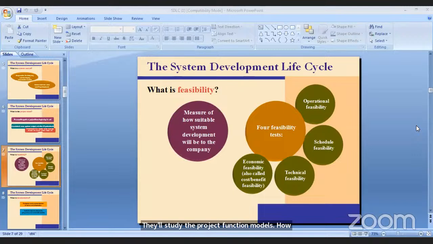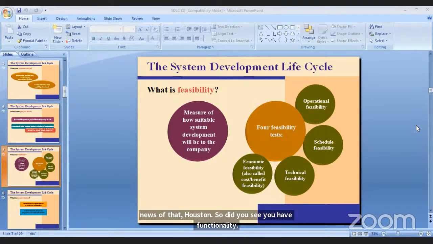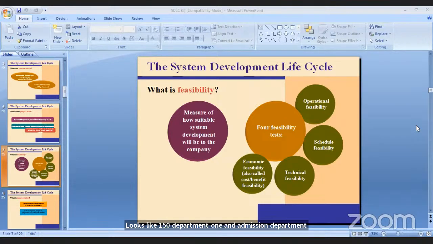How many functional modules will be there in the project? Let's say for DDC, I want to develop a new software system. So DDC will have functional units like one administrative department, one teaching admission department, one examination department, one student feedback department. So these could be the functional modules.